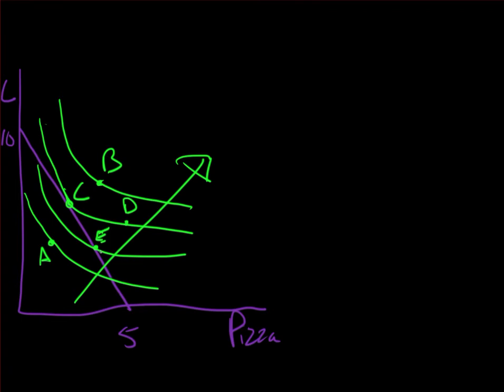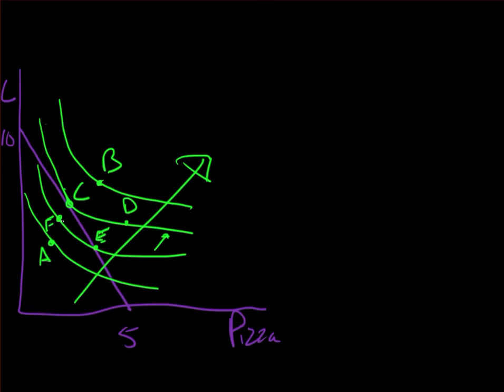So if I compare point E and point C, even though they're both on the budget constraint, C is superior because it is on an indifference curve that is further out from the origin than E. To prove this, we could also say, if I add another point here, call it F, from the theory of indifference curves, we know that this point F is indifferent to point E because I'm on the same happiness or indifference curve, and therefore I'm indifferent between these 2 points.